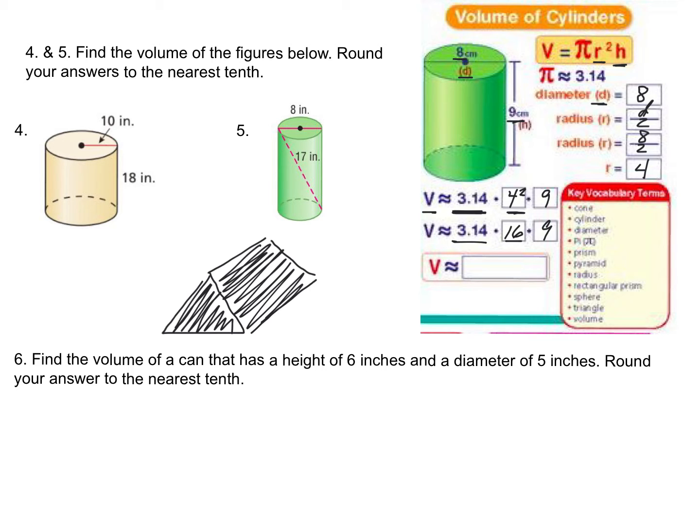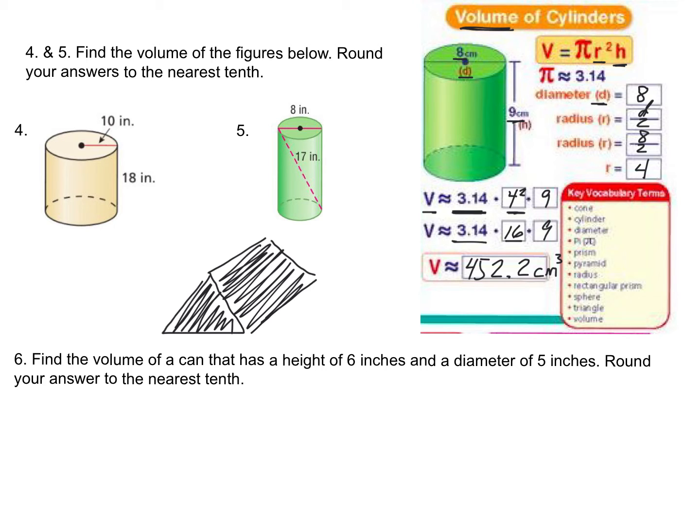So we can multiply all three of those values together, which gives me a final volume of 452.16, but I'm going to round it to the nearest tenth here. And the units we were using were centimeters, so it's going to be centimeters, and it's going to be cubed because we're talking about volume.